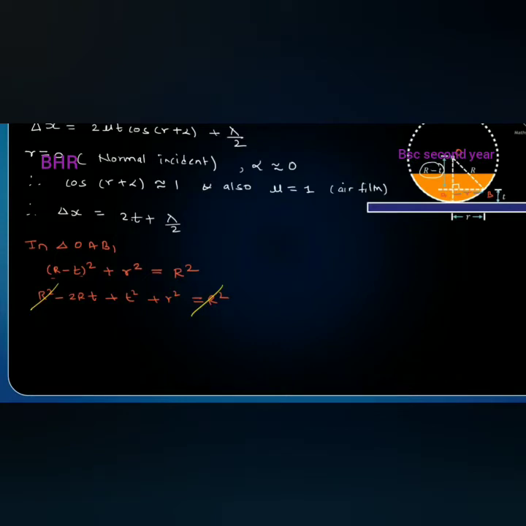Here t is the thickness of the air film. It is very small. For example, if t is equal to 0.1, then t square is equal to 0.01, which is approximately equal to 0.